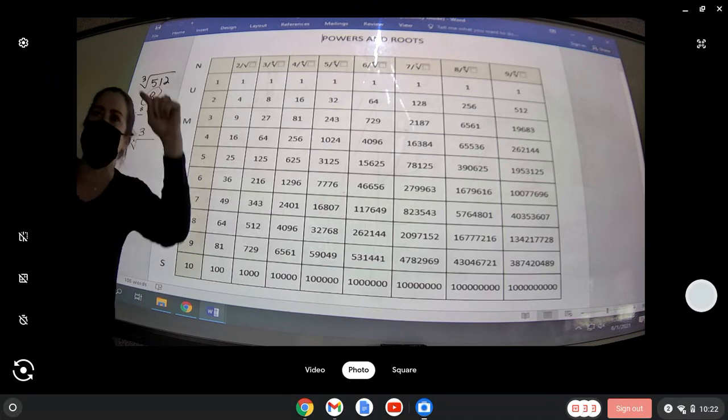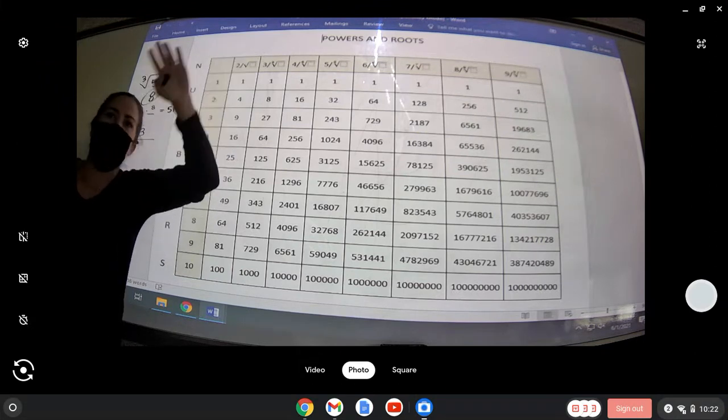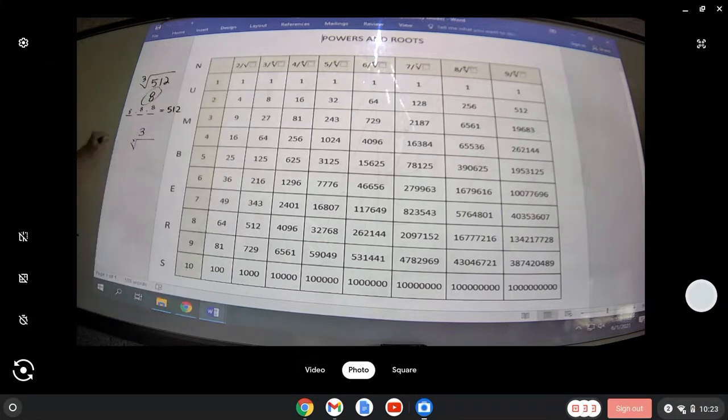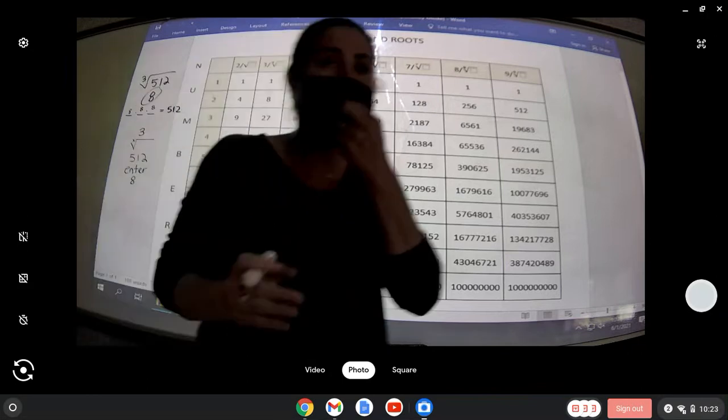Usually you have to press the second button, and this is written above another button to get to it. But the minute you put the 3 on the screen, and then you go get this button, you're giving this x a value of 3. So you'll be taking the third root of whatever number you're about to punch in. So then you would punch in 512, you would hit enter, and your calculator is going to spit out the number 8, okay? That's how you would do it on a calculator.